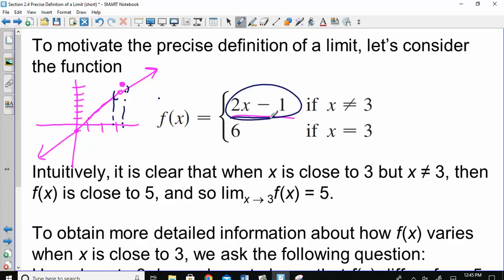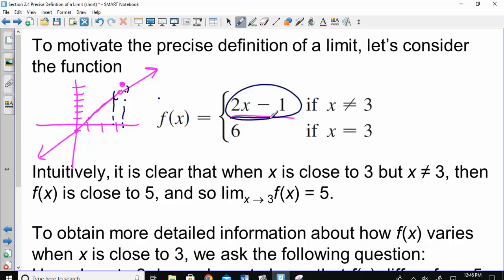How about that? So if we're trying to be within 500ths, we need to pick something between 2.95 and 3.05. So how about 3.02? So plug in a 3.02. Do we get something that is within 1/10 of 5, meaning something between 4.9 and 5.1?